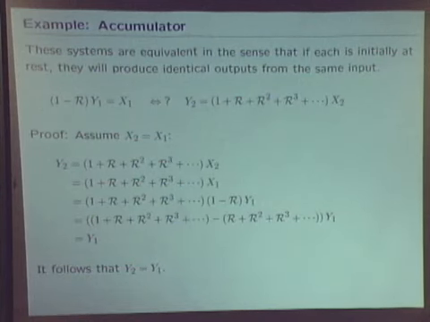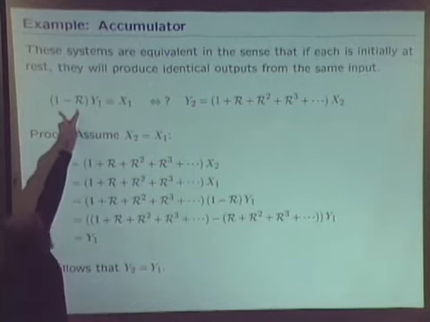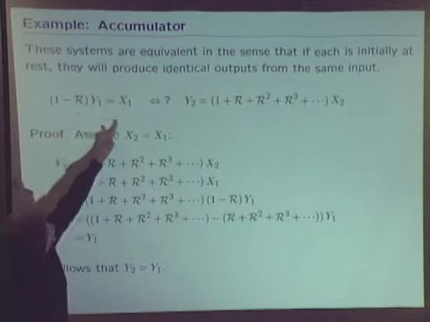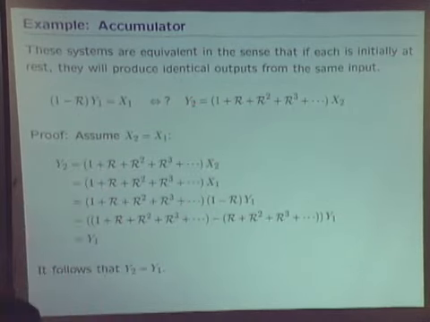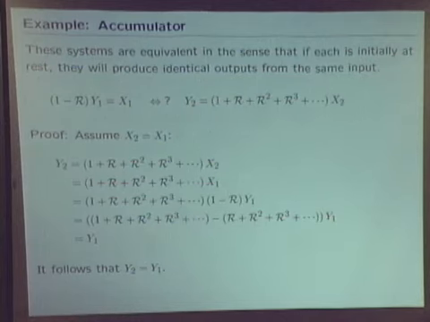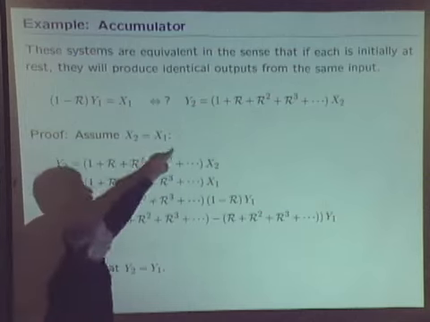And you should be saying to yourself, do I really buy that? Is it really going to be the case that a system that was previously described this way, tell me the output, operate on it by 1 minus R, and that'll be the input, should be the same as this system? If you think about that mathematically, here's a proof. It is OK to think about it that way. Start with the idea that x2 equals x1.